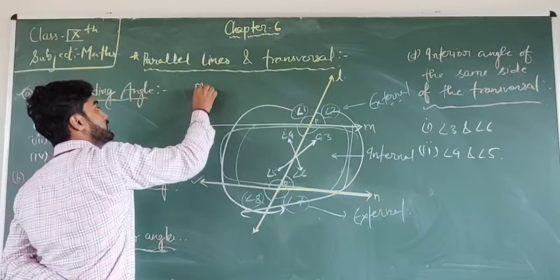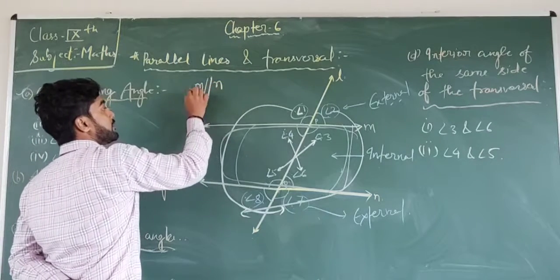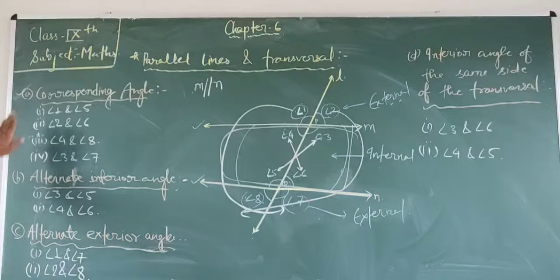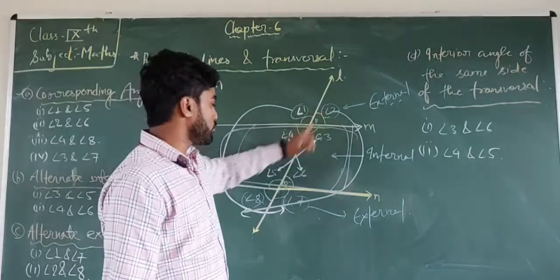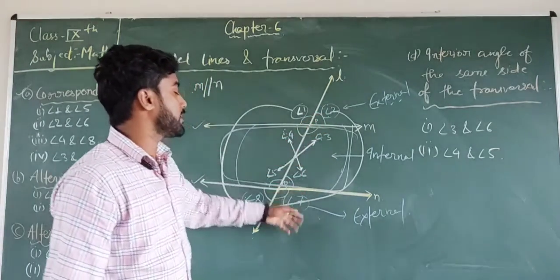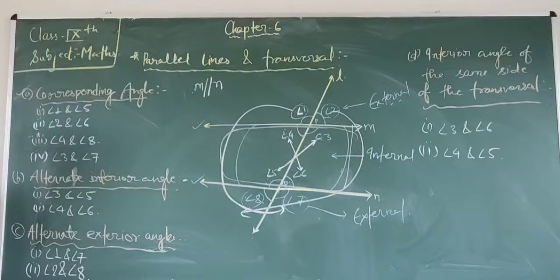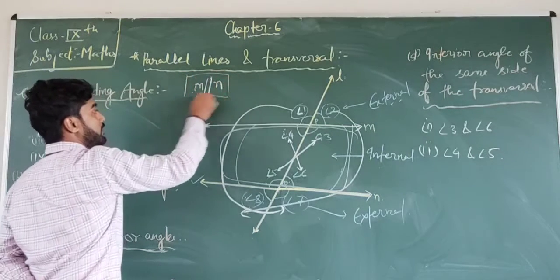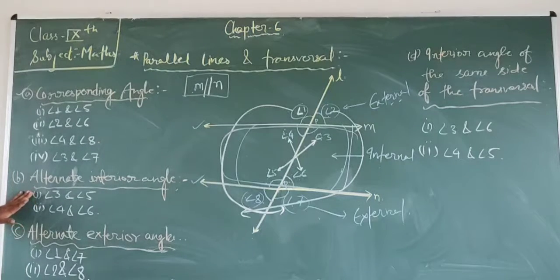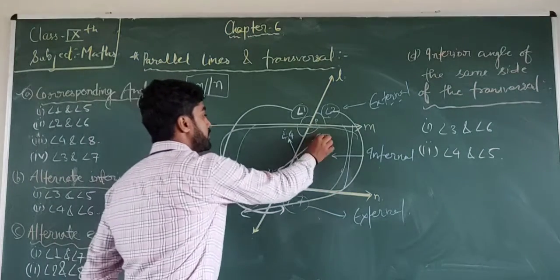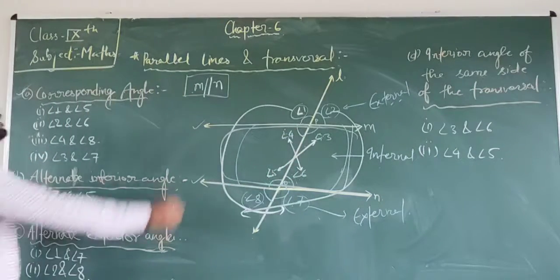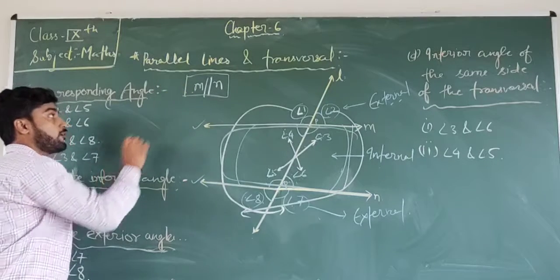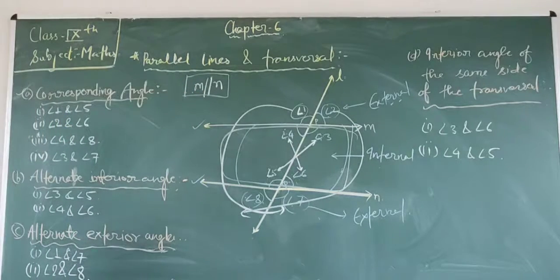That means if M is parallel to N, then angle 1 and angle 5, angle 2 and angle 6, angle 4 and angle 8, angle 3 and angle 7 are all equal. Second, alternate interior angles, angle 3 and angle 5 and angle 4 and angle 6, are also always equal when M is parallel to N. The same holds for alternate exterior angles.